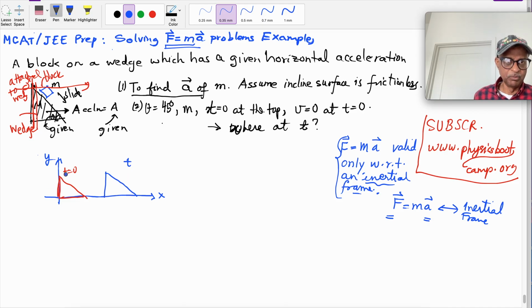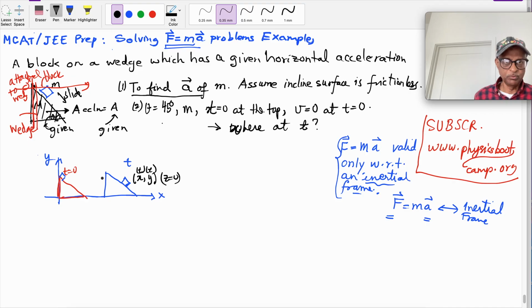And the block was here at t equal to 0, but the block will be here at t. All right, so if I write this guy's coordinate as x and y, don't worry about it. These will be functions of time, and this will be a function of time.